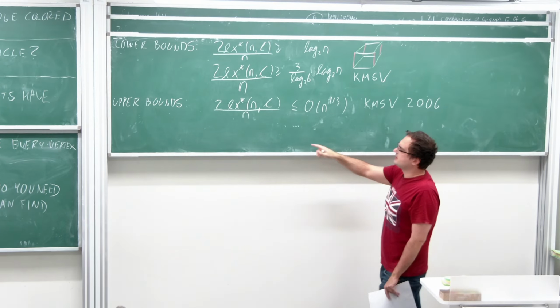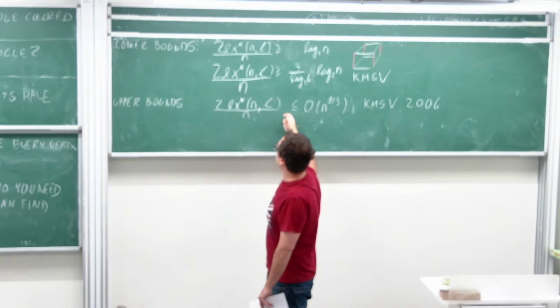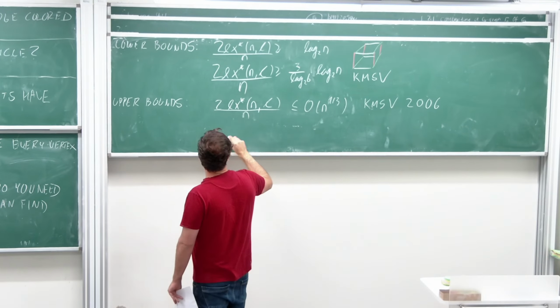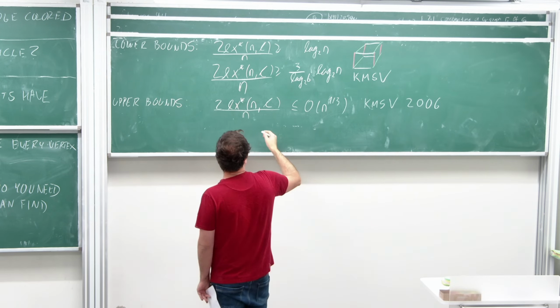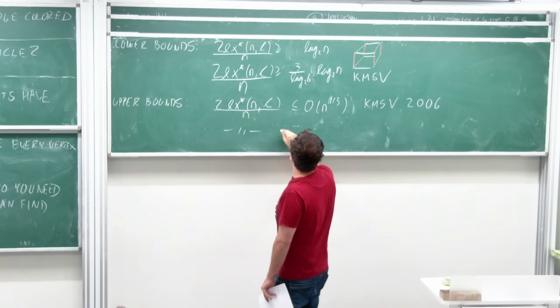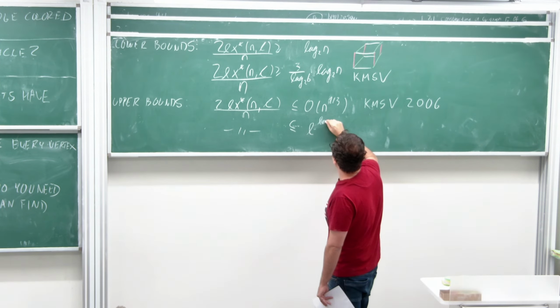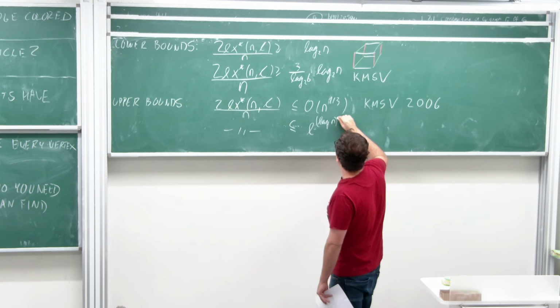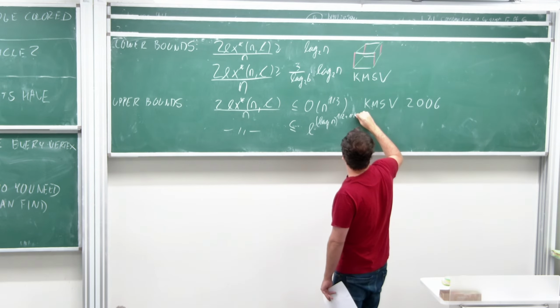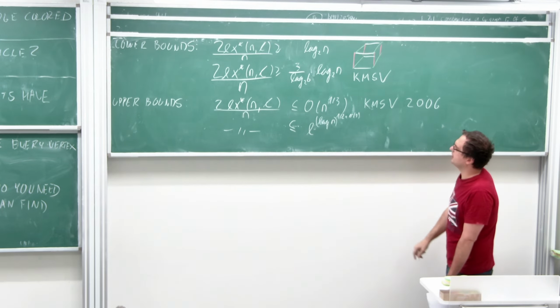So the first bound that actually exploited the fact that all the cycle lengths are forbidden came about 7 years later. So it gave an upper bound of e to the (log n)^(1/2 + o(1)). So roughly e to the root log n.